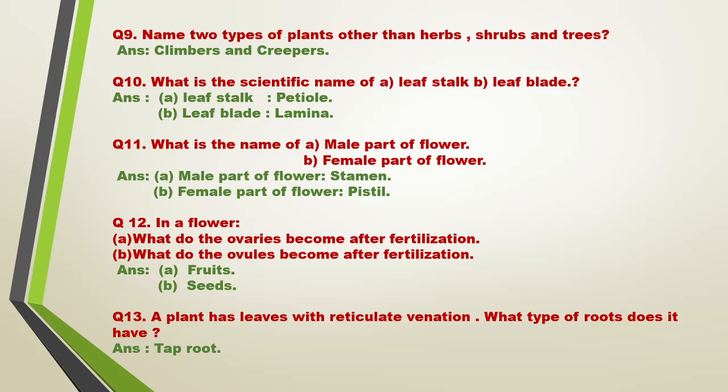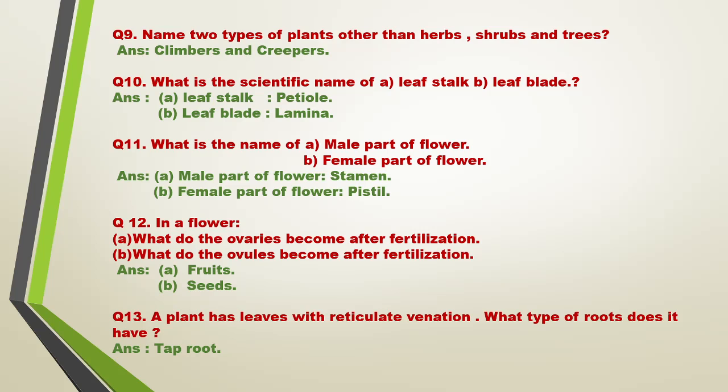Fertilization is the process by which the male gamete and the female gamete fuse together. The fertilization process takes place within the ovary, and after fertilization the entire ovary becomes the fruit, and the ovules which are present within the ovary become the seed.